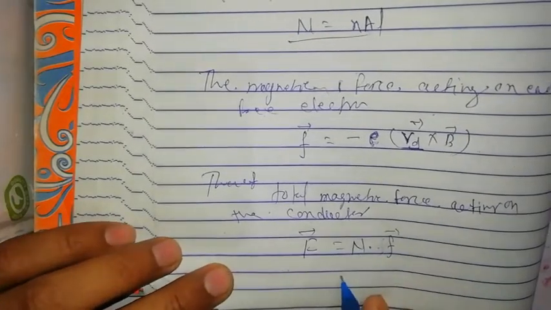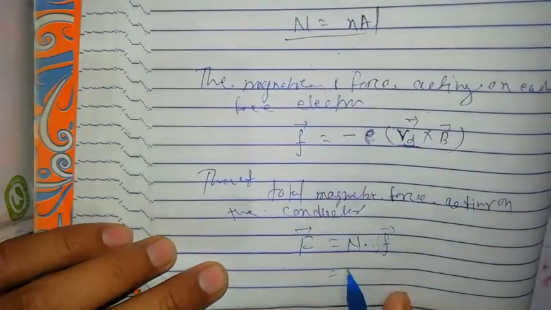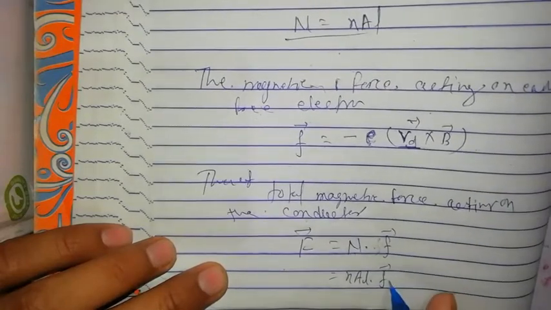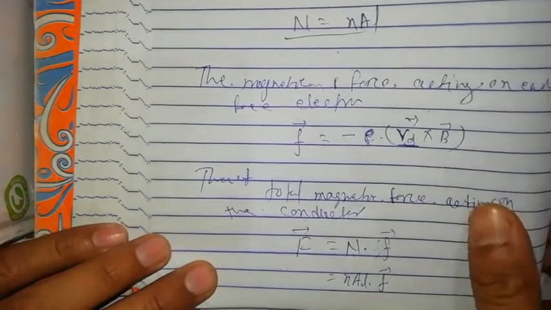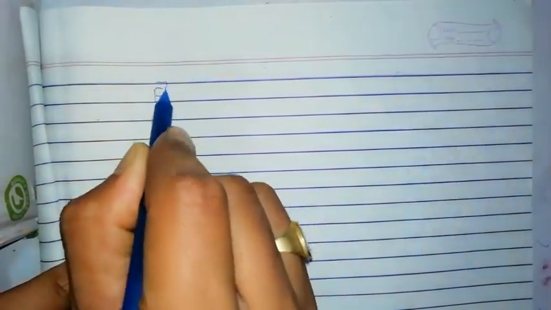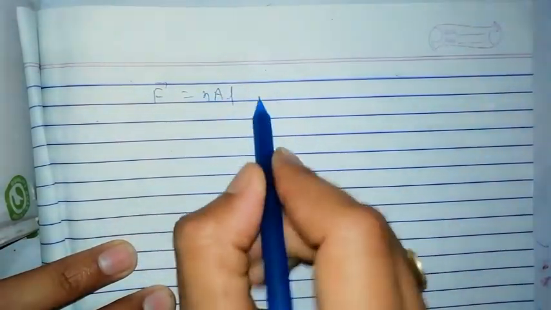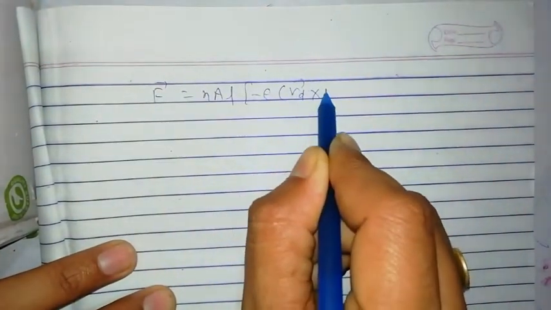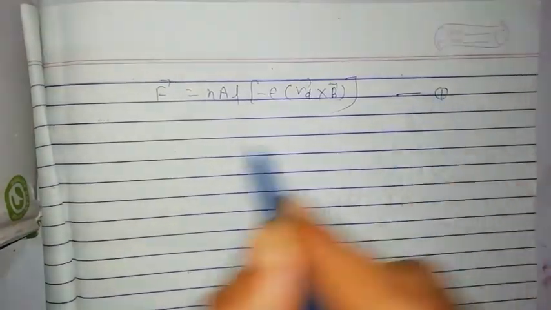Putting the value of N, n A l, and also putting the value of small f, we have vector F equal to n A l multiplied by minus e vector Vd cross vector B. It is equation number 1.